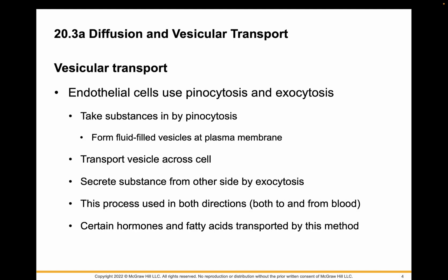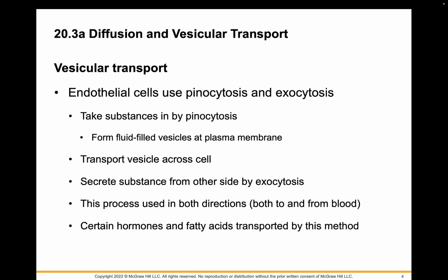Now, when we look at vesicular transport, we're basically looking at pinocytosis and exocytosis, and this is what the endothelial cells use. When we talk about pinocytosis, we're looking at a fluid-filled vesicle that forms at the plasma membrane via an invagination. Then that transport vesicle makes its way across the cell.